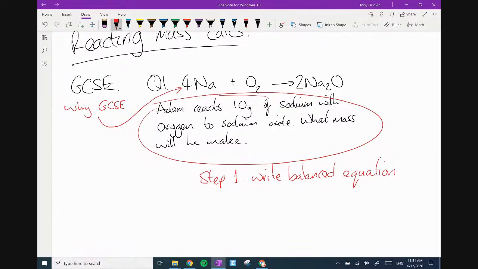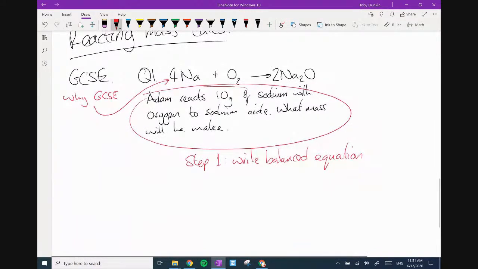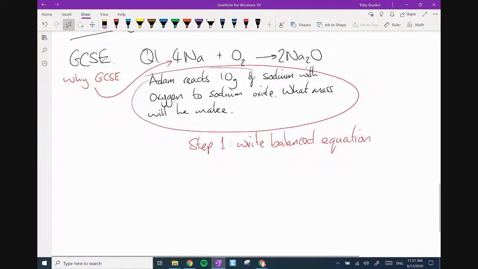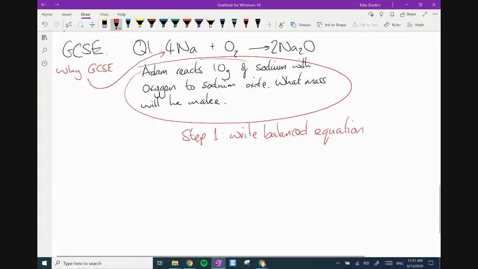And the longer I've been teaching it, the more I've realized that it's a language. But I understand why that's always tough. The next thing is, why is this GCSE? Actually, that's kind of the only reason. They're making you write the balanced equation at the beginning. By the way, that question there is GCSE because of the equation. As we move forward, I'll show you what happens as we step into A-level.